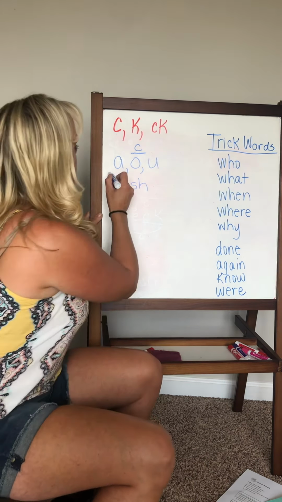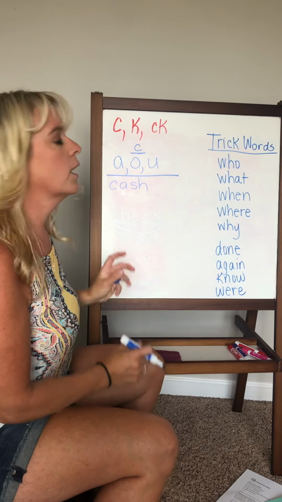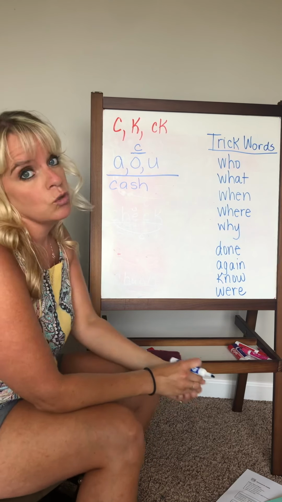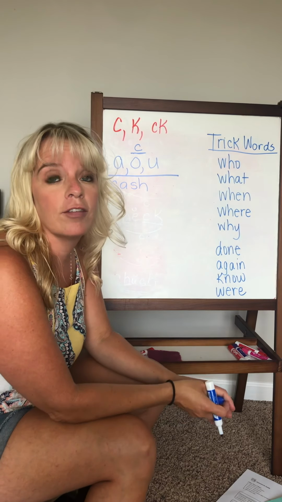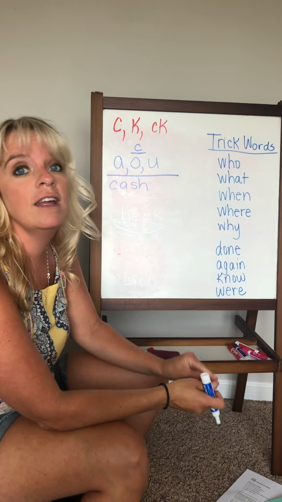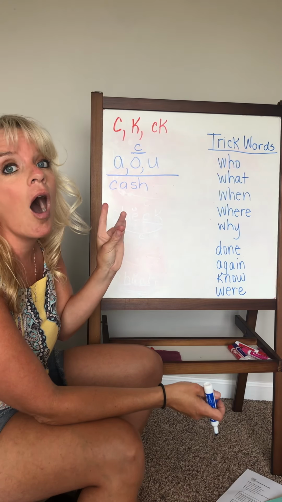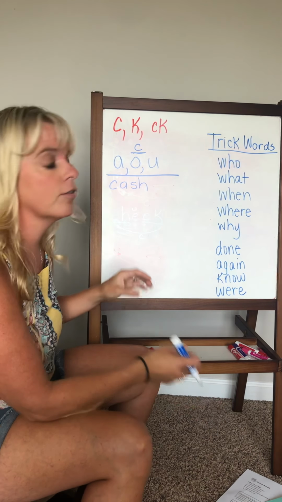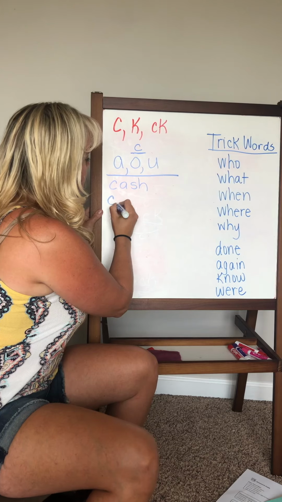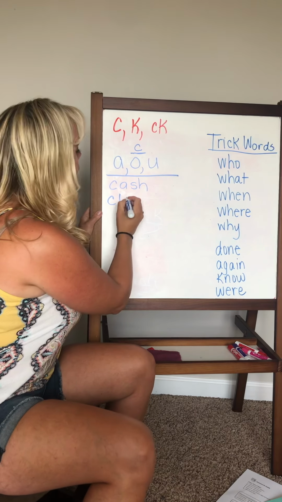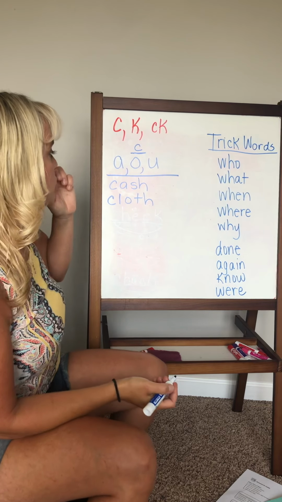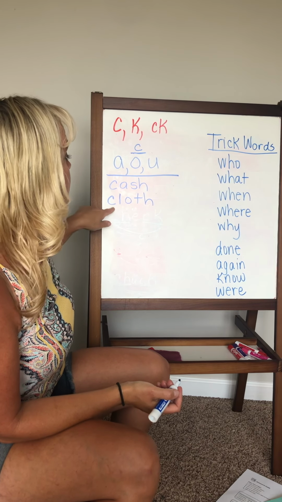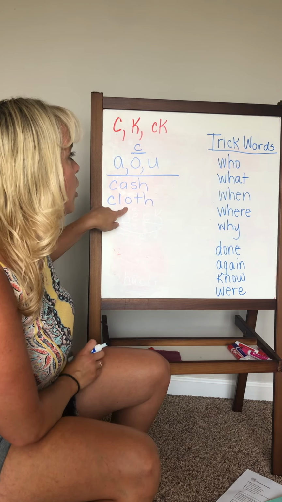All right, let's do another one. Let's try one with the O, okay? So this can also work with blends, okay? So if I have the word cloth, let's tap out the word cloth. Ready? Cloth. Cloth. So we know cl is a blend. So again, we're going to use the C because of the O that's in there.